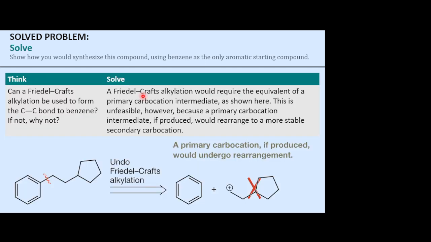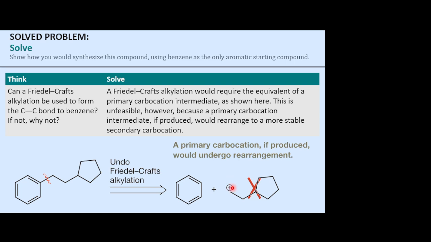So is an alkylation here going to work well? No. It's going to be problematic, right? It's problematic for a few reasons, but there's one really big one, right? Why an alkylation won't work. And that's that we generate a primary carbocation, right? If we generate a primary carbocation, what's going to happen to this carbocation?